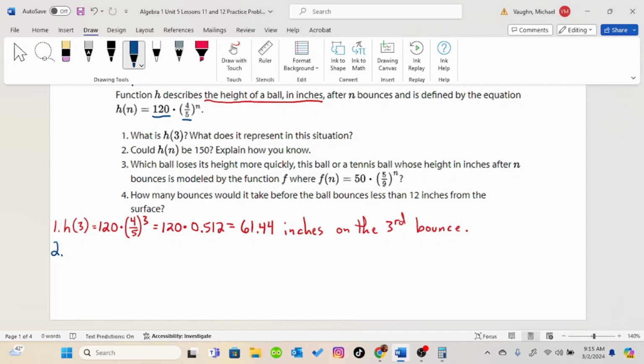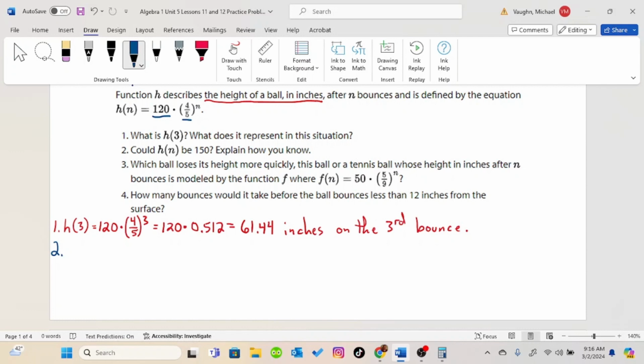When the growth factor is less than 1, then this is exponential decay. So if the height of the ball starts at 120 inches, it will only ever be less than 120 inches.